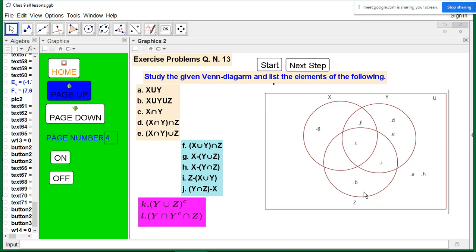And similarly for the last question, dear student, it is a very logical question. Y intersection Y complement intersection Z. Who can give the answer of this? I am asking for your response. Sanskriti Shrestha, you.